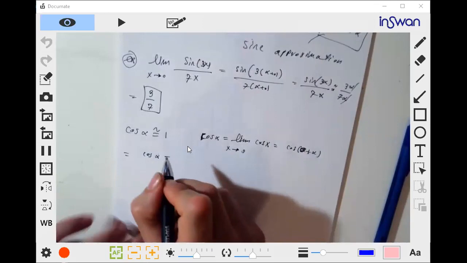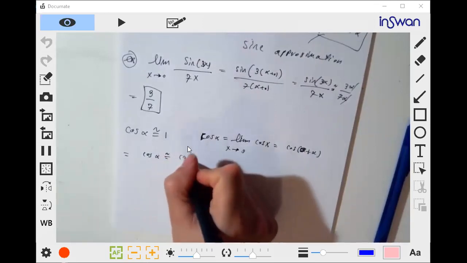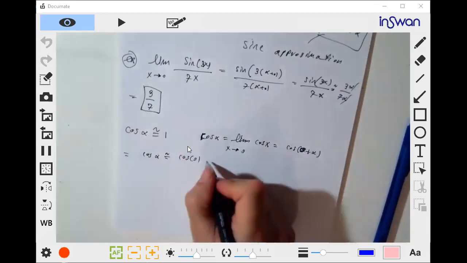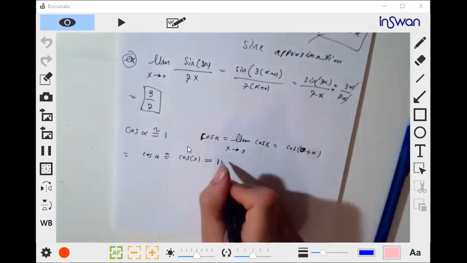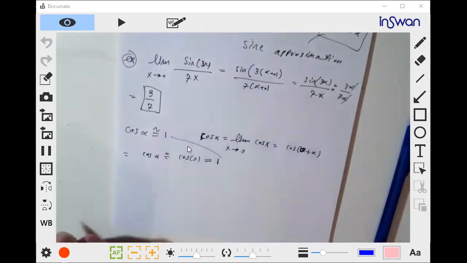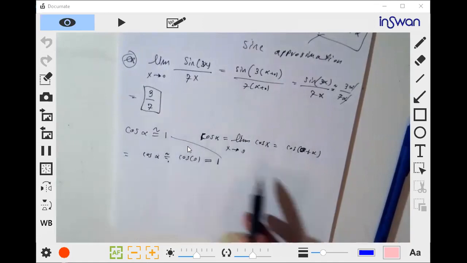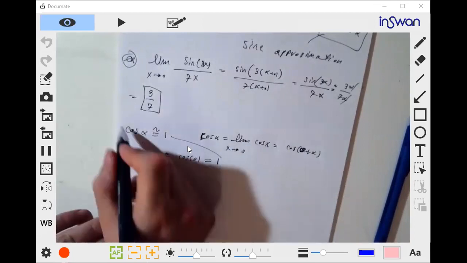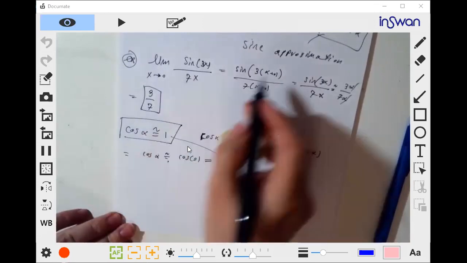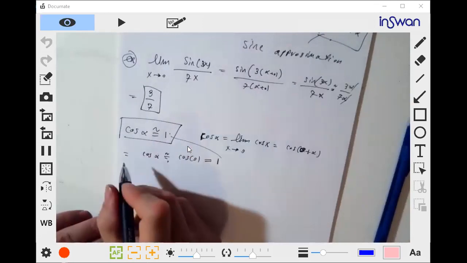But notice that's also approximately equal to cosine of 0. But that is strictly equal to 1. So that's why we get cosine of alpha is approximately 1. Because this approximate sign is attached to a chain in which the other side of the chain is equal to cosine of alpha. So this is our cosine approximation. This was our sine approximation. Here's our cosine approximation.